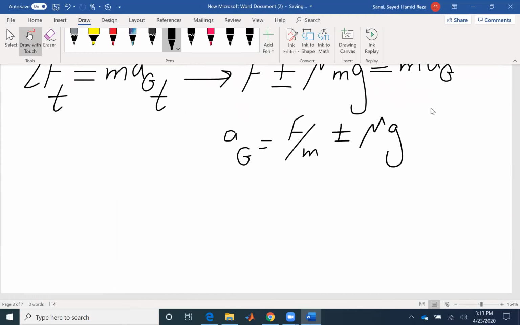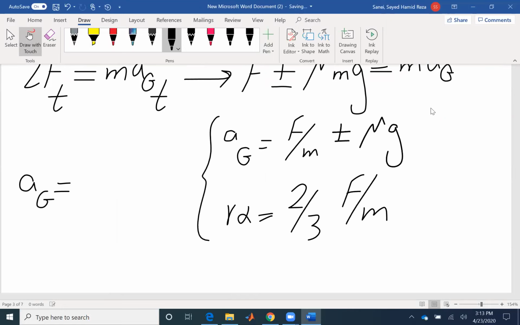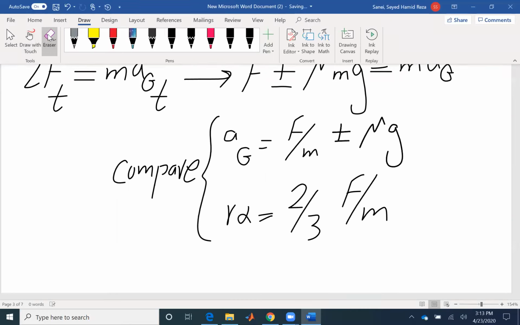Let's write it here and compare the two. a_G is this value, and r alpha is 2/3 of F over m. I need to compare the two values. If I compare the two values, this is 2/3 of F over m, here F over m.